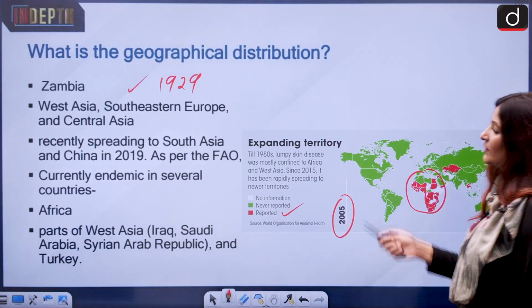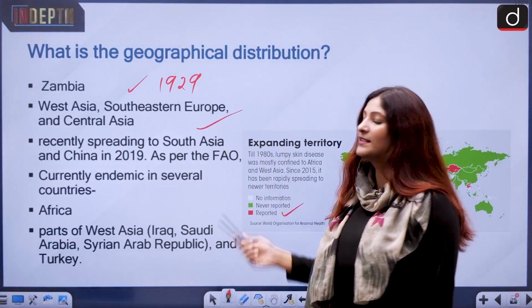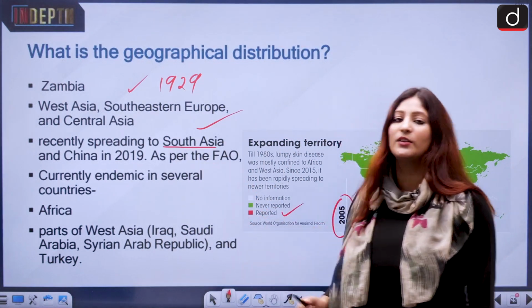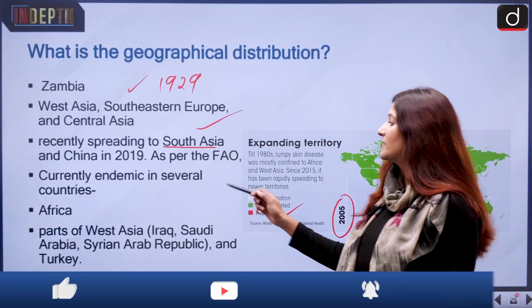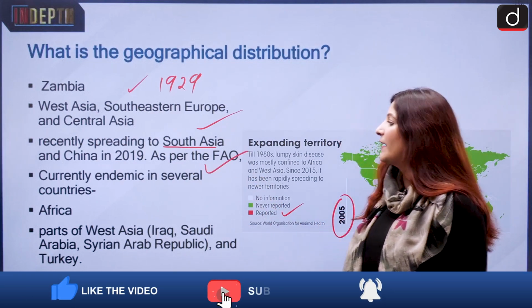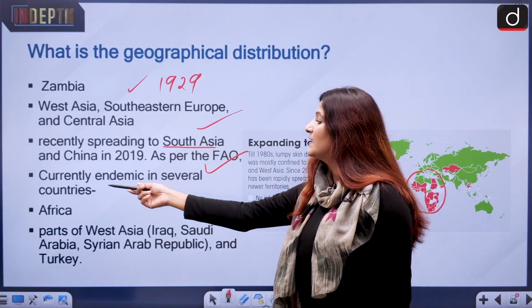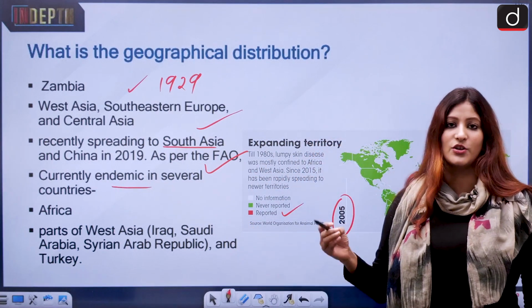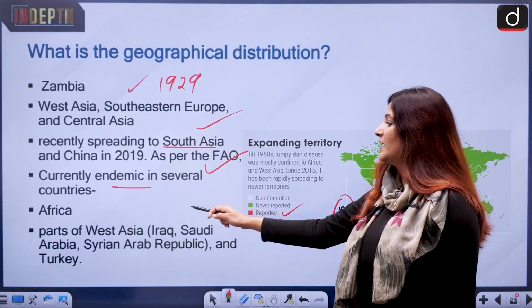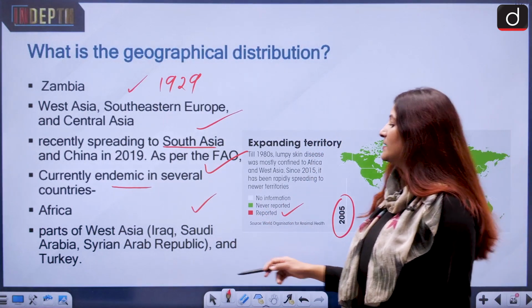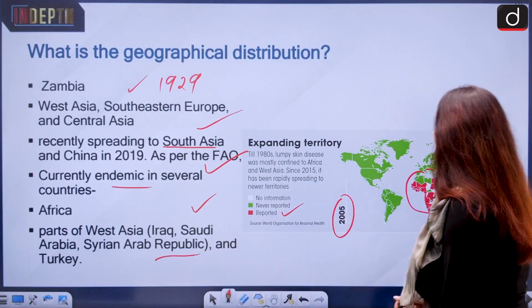Now West Asia, Southeastern Europe and Central Asia started seeing their occurrence. Apart from that, more recently, it spread to South Asia and China in 2019. And as per the FAO, there are certain countries which are currently seeing the endemic nature of this particular virus, specifically in Africa and parts of West Asia, that is Iraq, Saudi Arabia, Syrian Arab Republic and Turkey as well.